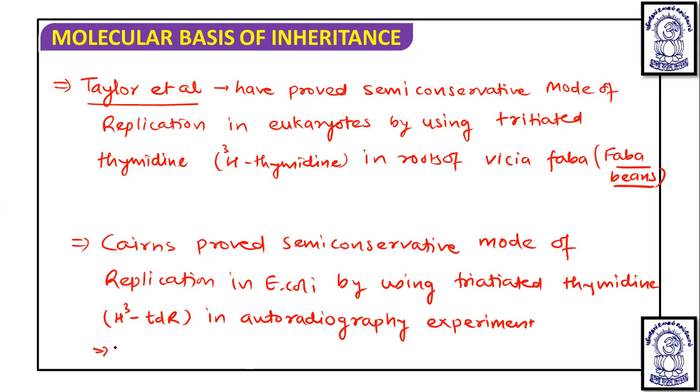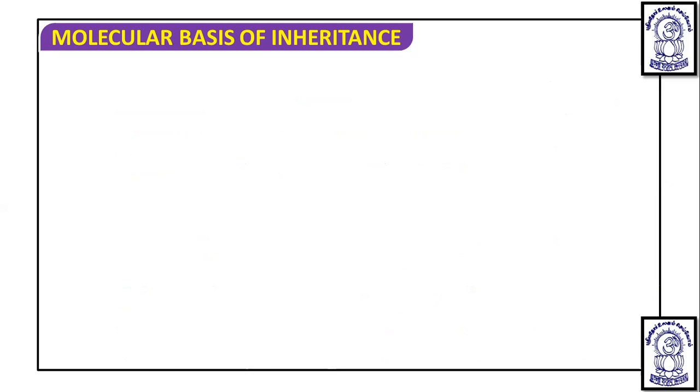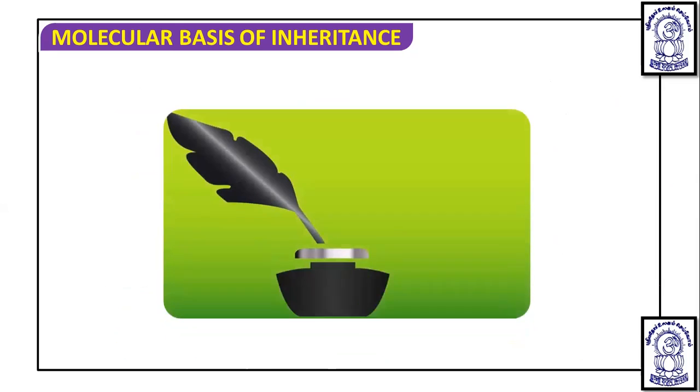And he proposed the theta model of replication in circular DNA. In circular DNA, they proved this theta model of replication. Okay, so that is about the experimental models which proved the semi-conservative mode of replication. Okay, so dear students, thank you for this.